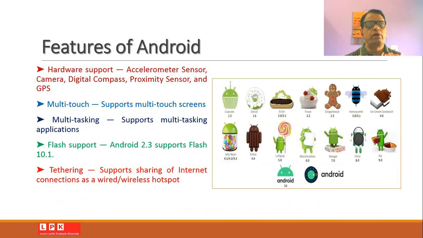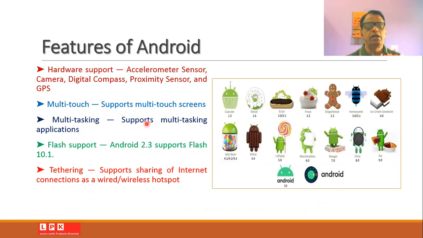It has all types of hardware support such as accelerometer sensor, camera, digital compass, proximity sensor, and GPS is supported by Android. And therefore you will find that many applications have been developed which make use of this hardware. It will support multi-touch screens.